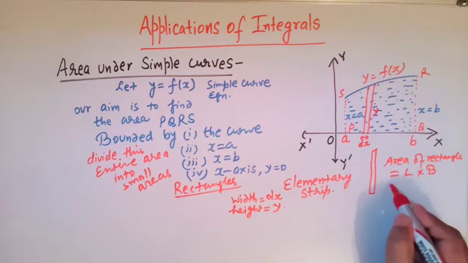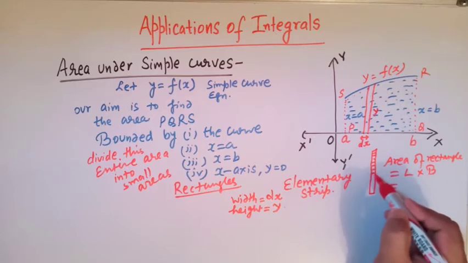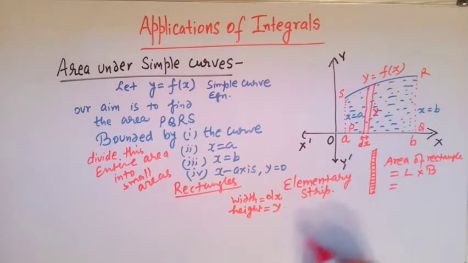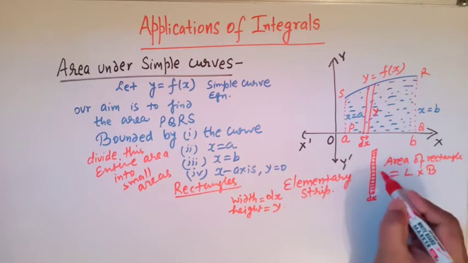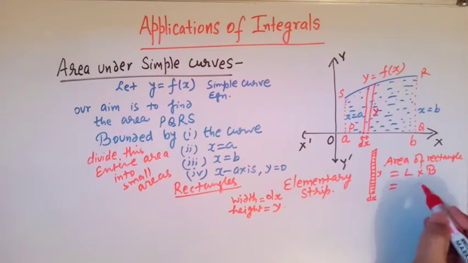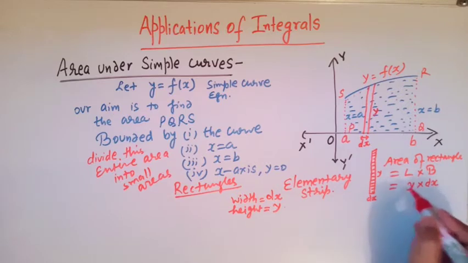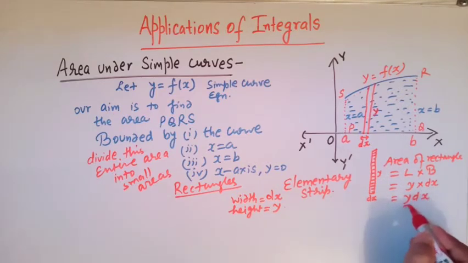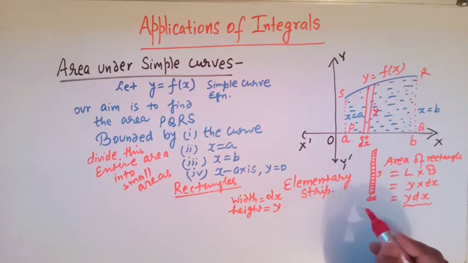So what is the area of this rectangle? This is the width and this is the height. So for width we have dx, and for the length or the height we have y. So we have y dx as the area of this elementary strip.